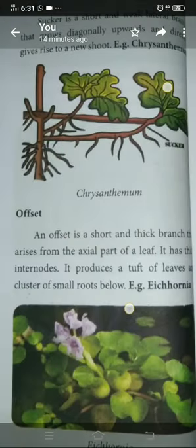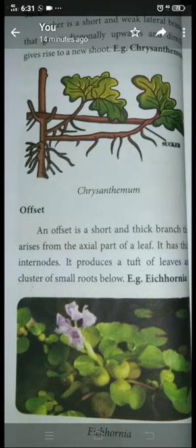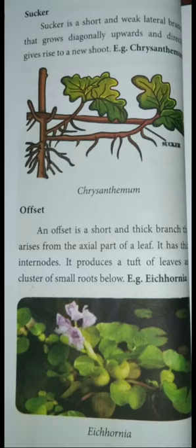Then the next one is the sucker. A sucker is a short and weak lateral branch. An example is chrysanthemum. The chrysanthemum flower grows likewise. The next one, offset.